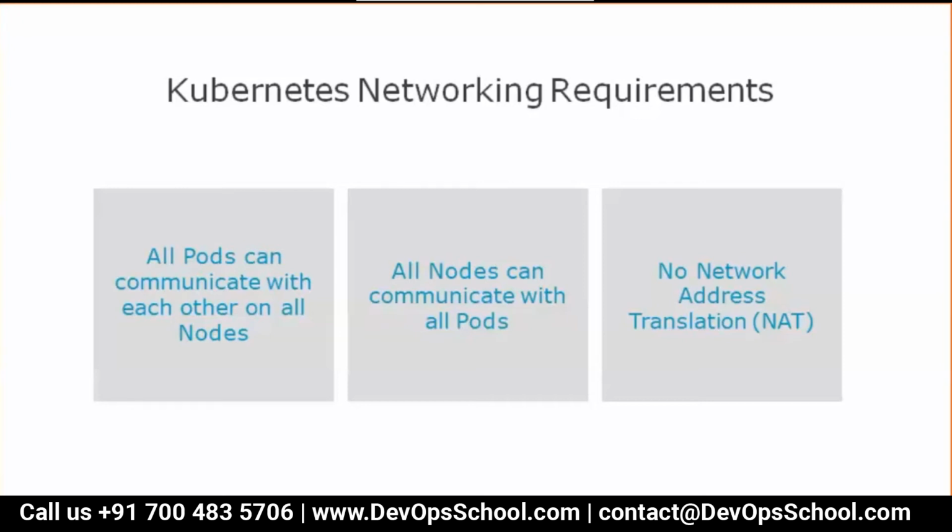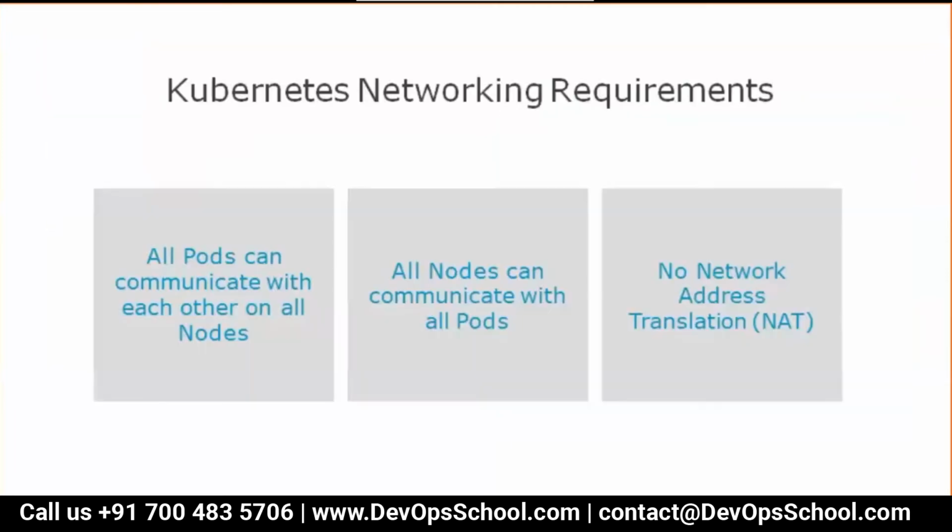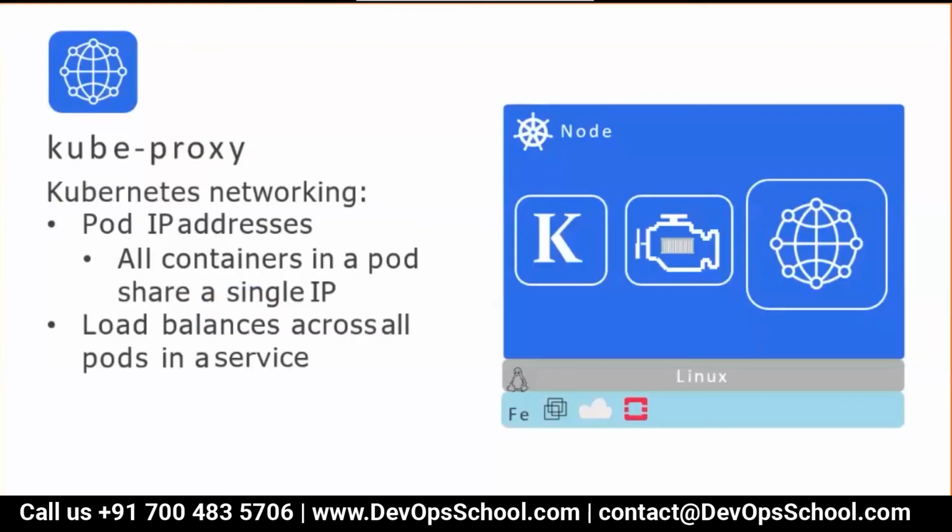Who's helping us get this done? Kube-proxy. Kube-proxy is the software application running in each node of the cluster, which is basically helping you to create Kubernetes networking and get this requirement done. Kube-proxy is the Kubernetes networking which allocates the IP address to the pod.